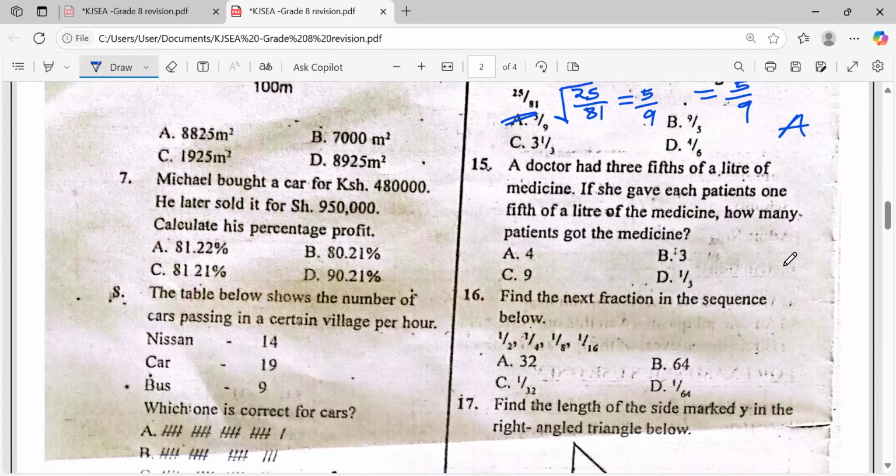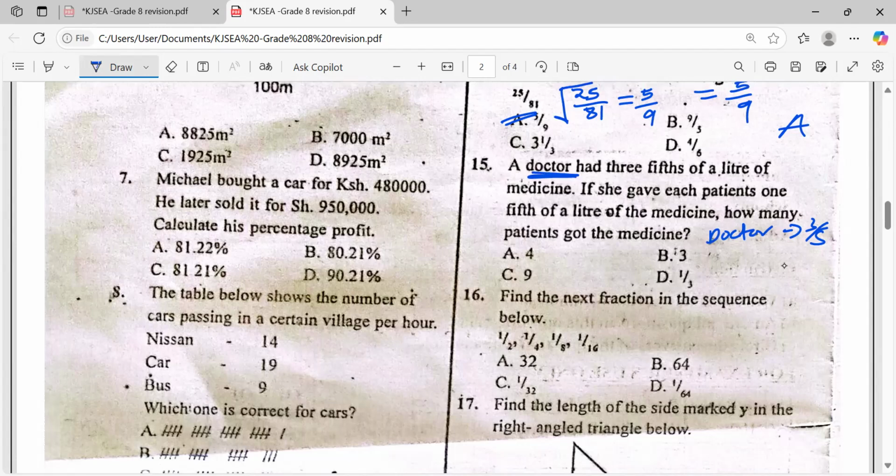So the doctor had 3/5, which means 3 against 5 of a liter of medicine, and gave each patient 1/5 of a liter.